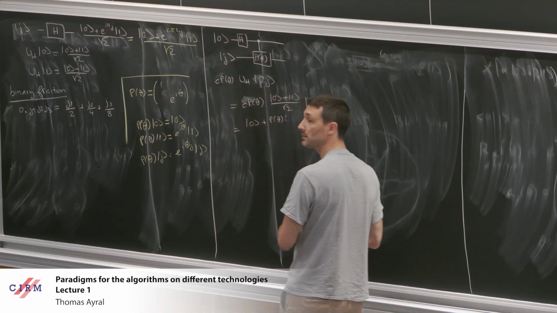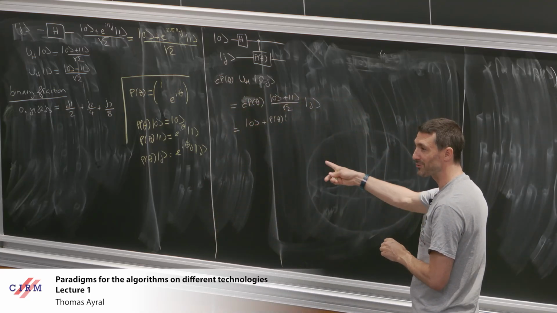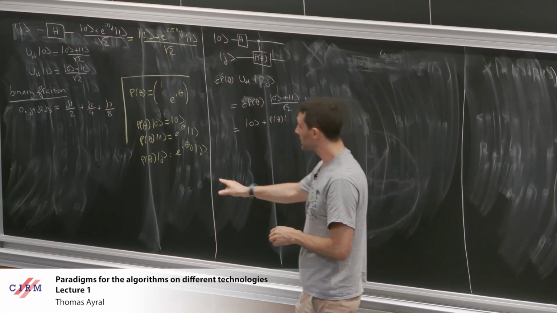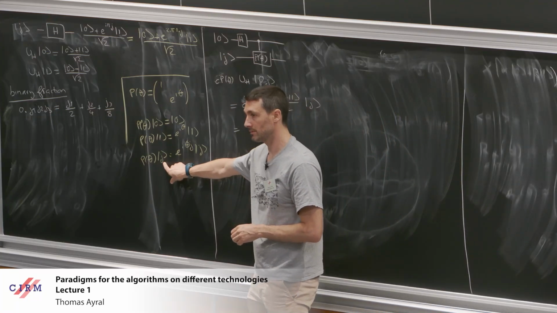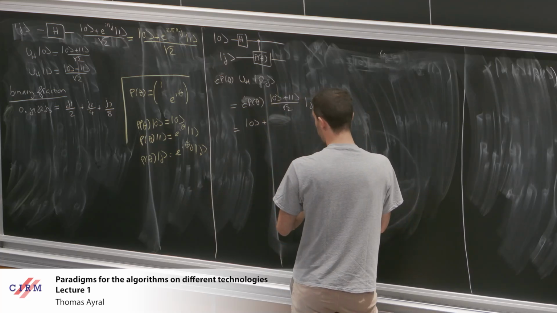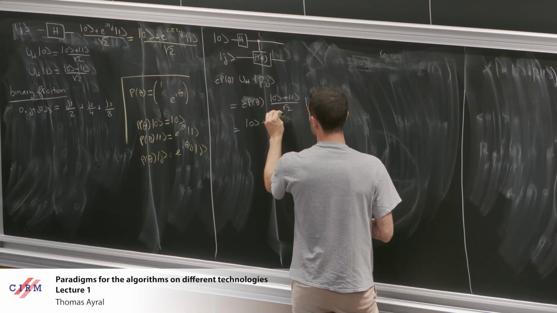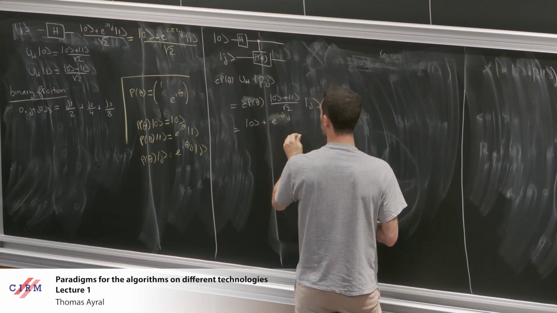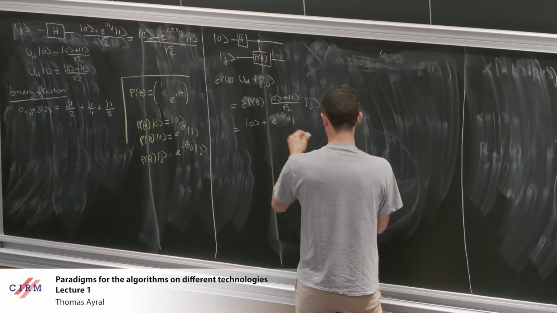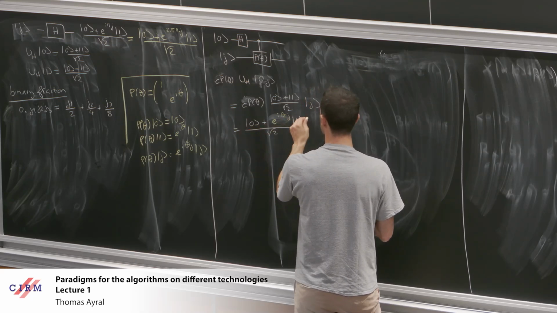Is it fine with you? I could make mistakes on the board, so please check that you agree. Everybody is okay with that? So now what I end up with is exponential of i theta j times 1 over square root 2 times j.